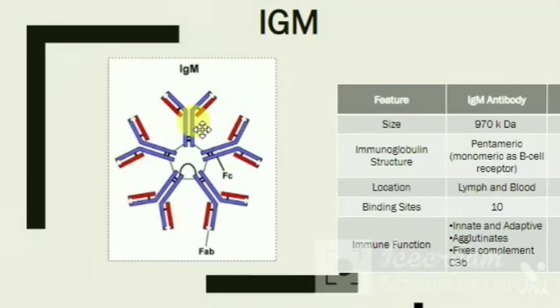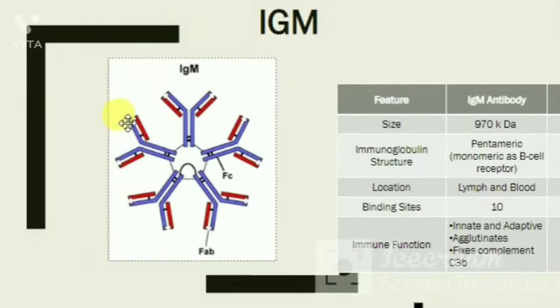This antibody is found inside the lymph and the blood of the human body. If we talk about the binding site, you can see it here. The binding site binds to the antigen and destroys the antigen.